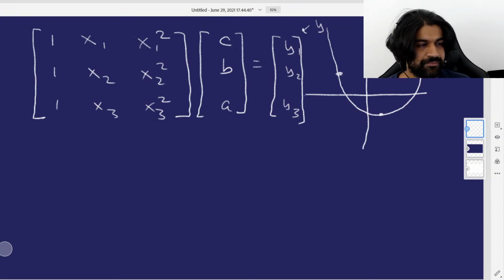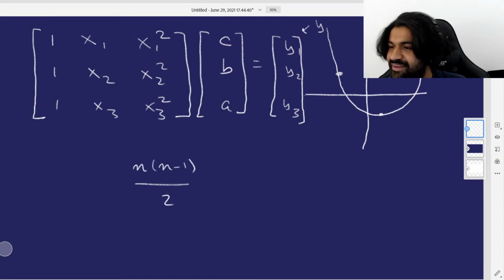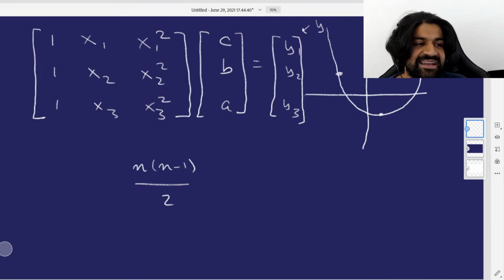The Vandermonde matrix, if you just multiply it out, if you just think of x1, x2, and x3 as just variables, this is a homogeneous polynomial, and the degree of this polynomial will be n times n minus 1 over 2. Okay? So if you just think of x1 and x2 and x3 as variables, then this is a polynomial, all of whose terms have the same degree, and the degree of every term is n times n minus 1 over 2. Okay? And we know that it has factors.